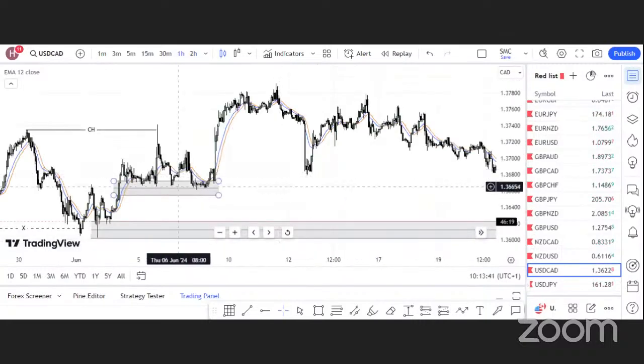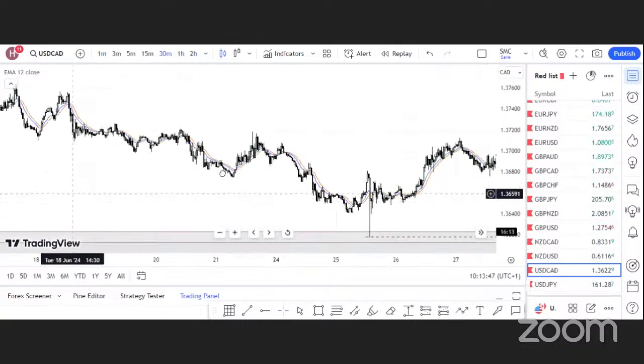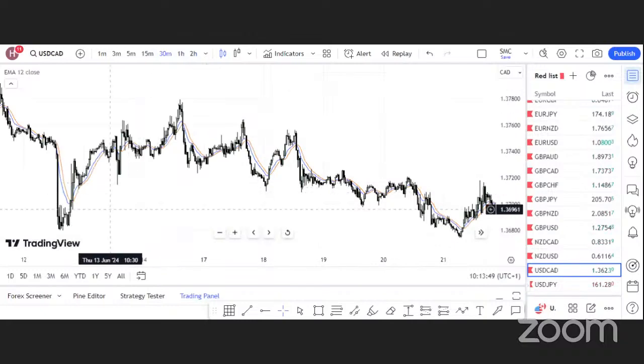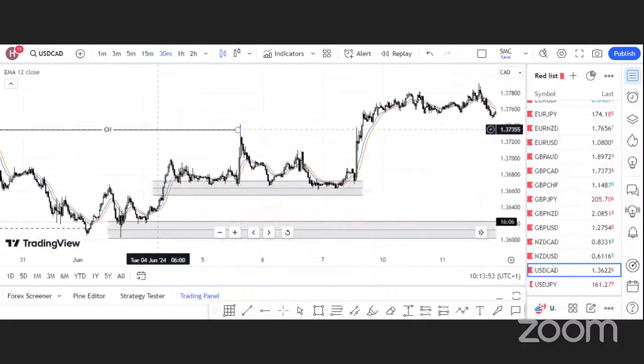Now let's go to the area where we had the order block. I want to confirm if that level is an order block level.